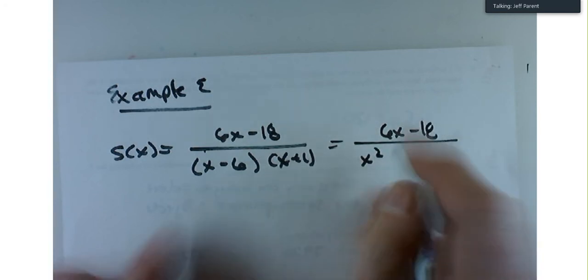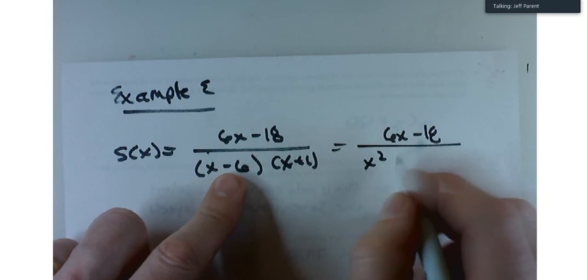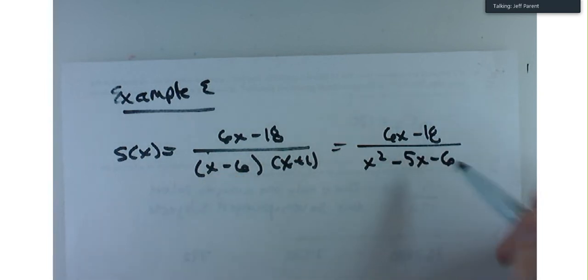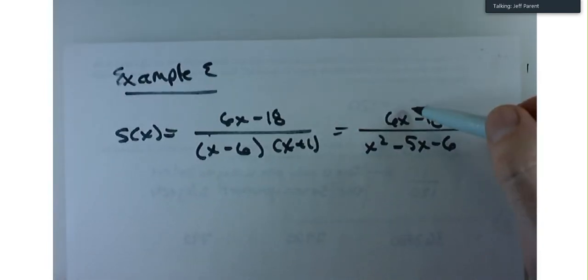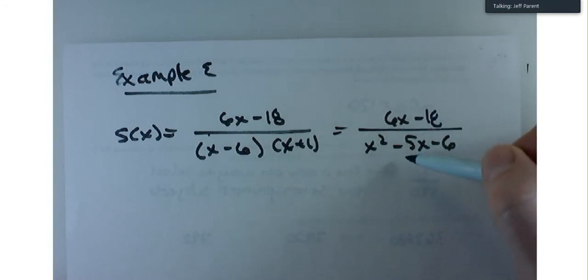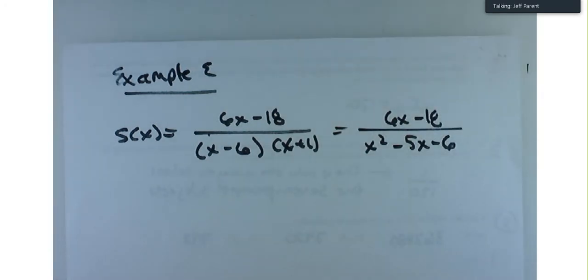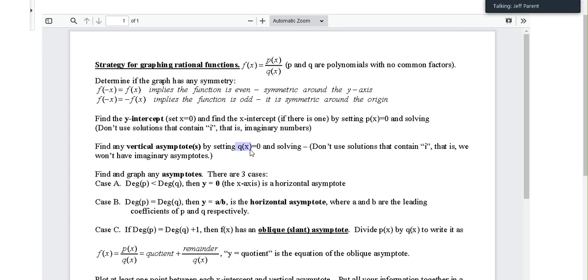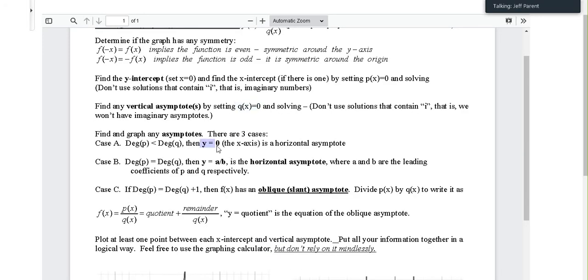This would be x squared minus 5x minus 6 in the denominator. The thing to catch here is that the numerator degree is 1 and the denominator degree is 2. So the degree of the numerator is less than the degree of the denominator. That means eventually this graph is going to settle down to 0. You're going to have y equals 0 as the eventual horizontal asymptote. So that's in the case where the degree of the numerator is less than the degree of the denominator.